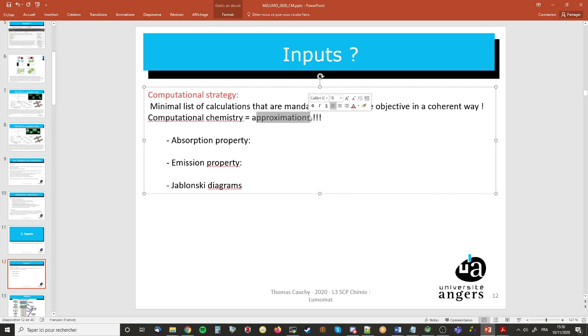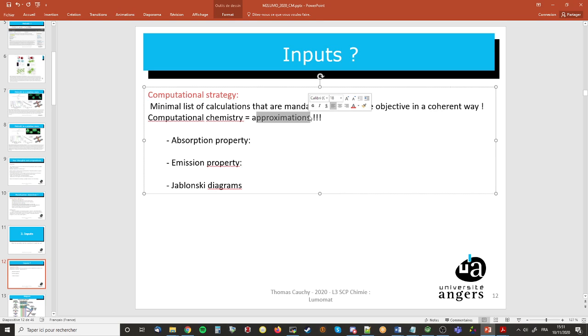And that means that, yes, when we do computational chemistry, there is some artisanal knowledge. What are the methods that usually work for this kind of problem? So you do some bibliography, or you have classes, and we will teach you here how to compute molecular properties with emission, absorption, and so on.